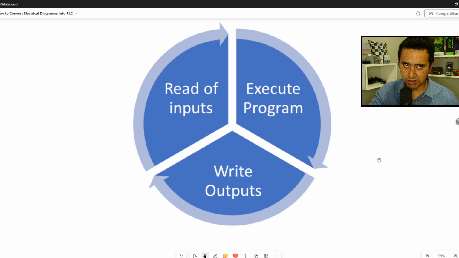It's the main cycle behind the PLC and its functions. Then, what are inputs or outputs, and how can we understand our signals here.